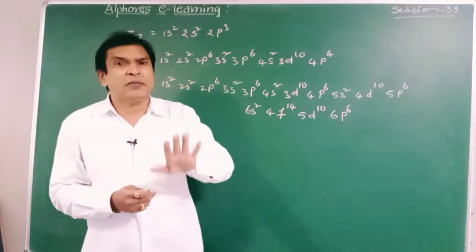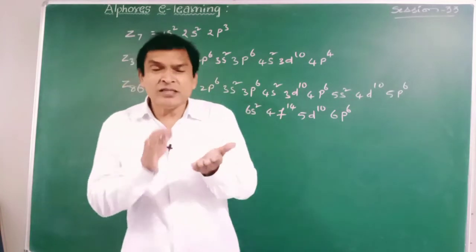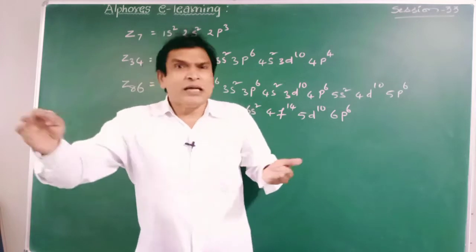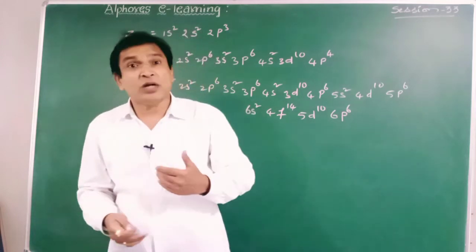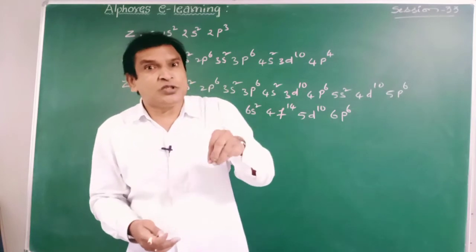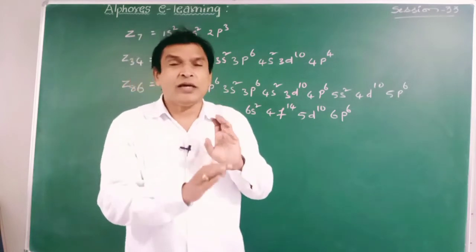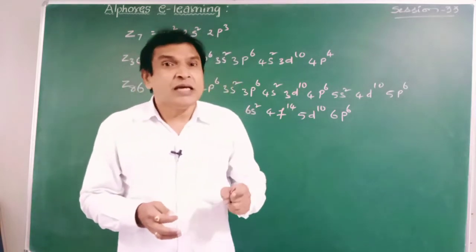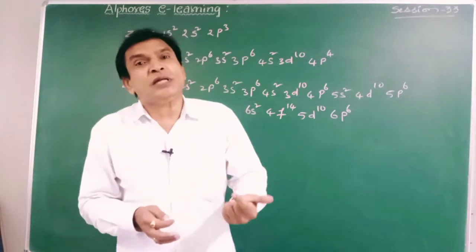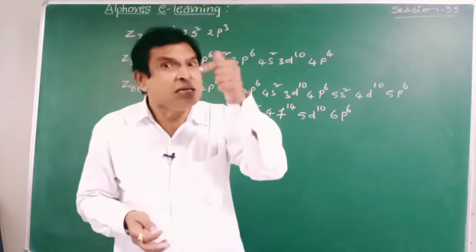That is the main concept. Among all the atomic orbitals, the orbital with the least energy is filled first. So according to the Aufbau principle, the electron enters the atomic orbital having least energy.